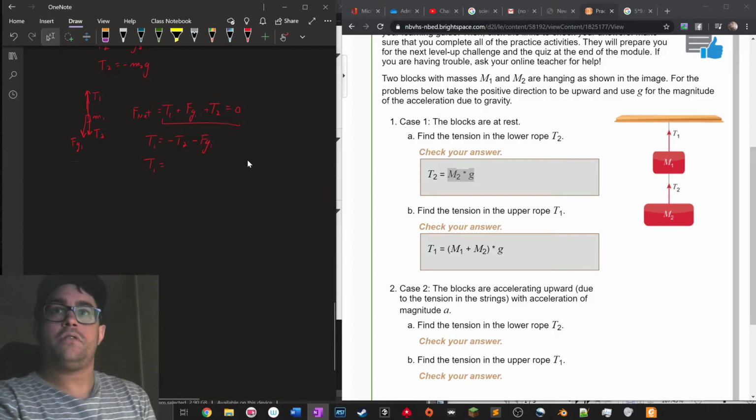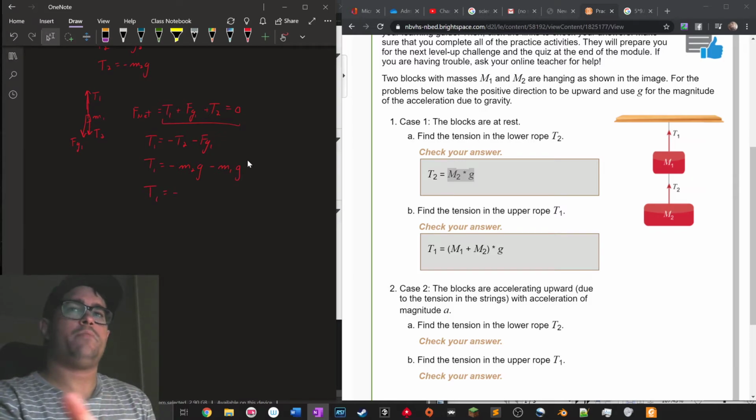So minus M2G minus M1G makes it so that you can put, so again, the minus I'm going to keep ahead because they don't like it.